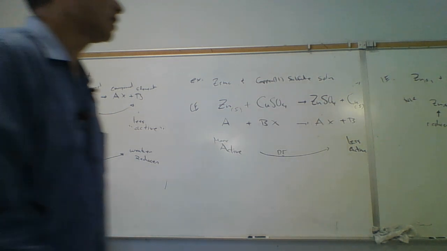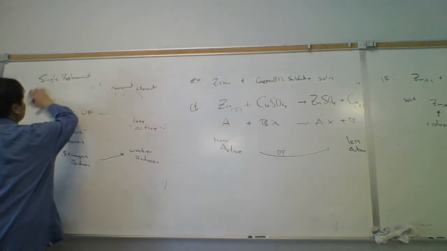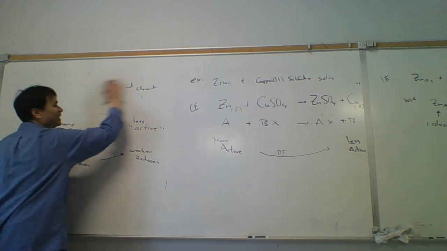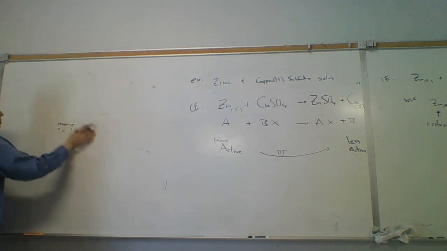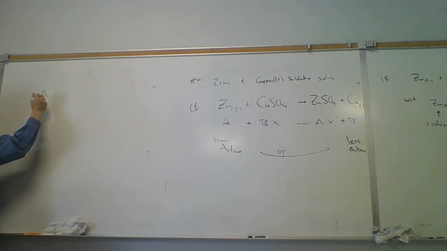So let's analyze the single replacement pattern a little deeper and see what's happening. These are redox reactions. There's an oxidizer and there's a reducer, and so these are the assigned roles.